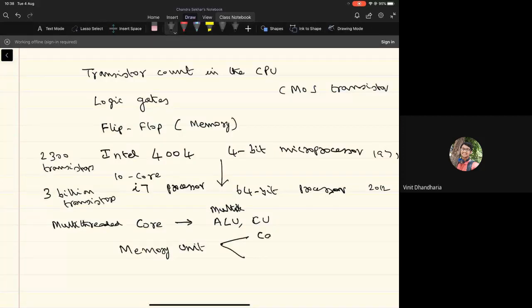Which is going to be the cache memory unit, and the second one is what is referred to as the main memory unit. So the cache memory unit is faster than the main memory unit, but it requires more transistors to build one cell in the cache memory unit compared to the size of the cell in the main memory unit.